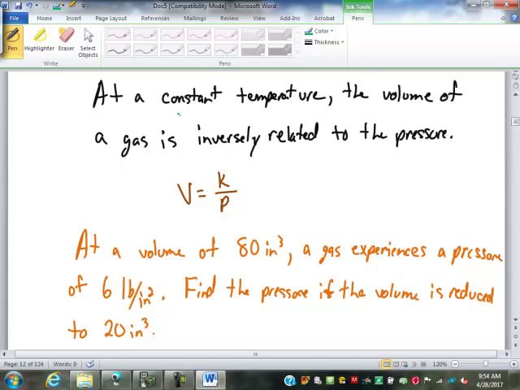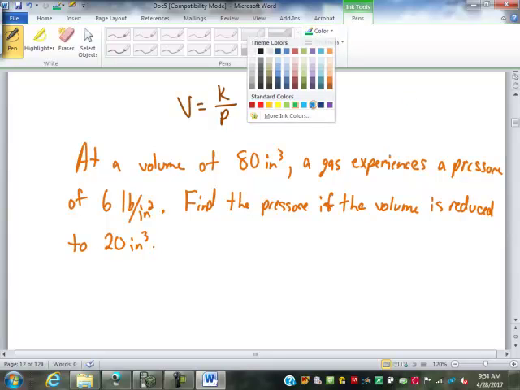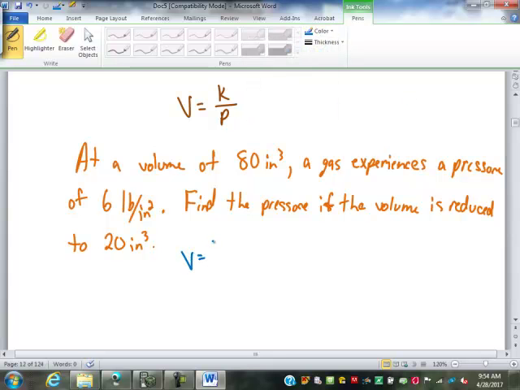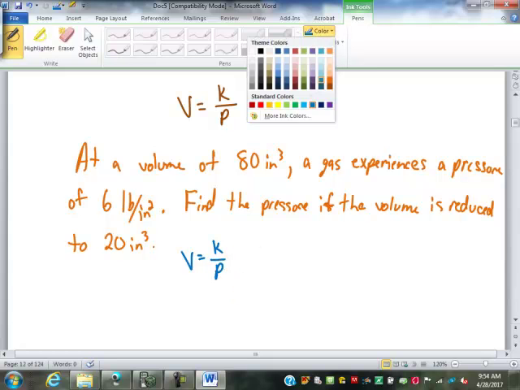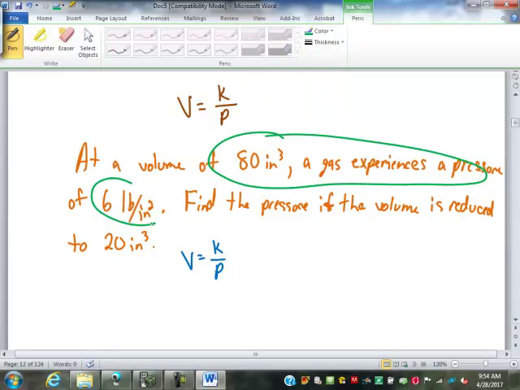So remember, the volume is inversely related to the pressure. So V is equal to a constant divided by the pressure. So we're going to start out with, at 80 cubic inches, that's the volume, the pressure is 6.